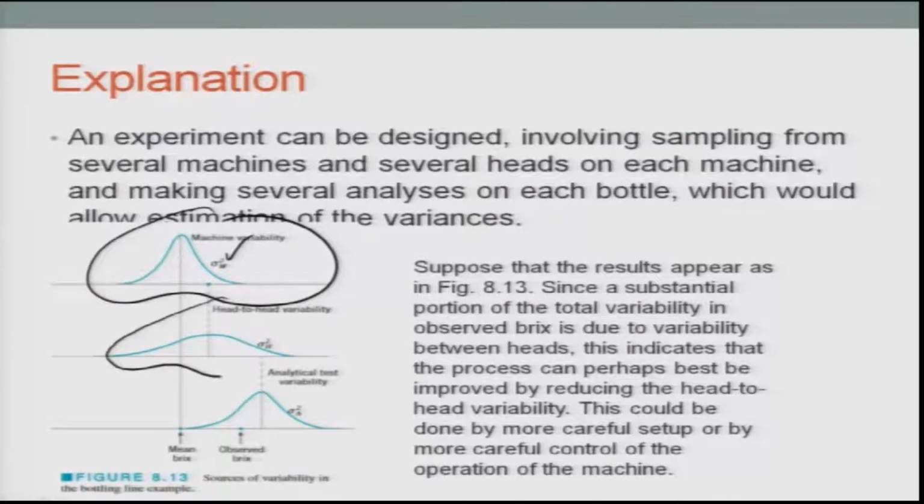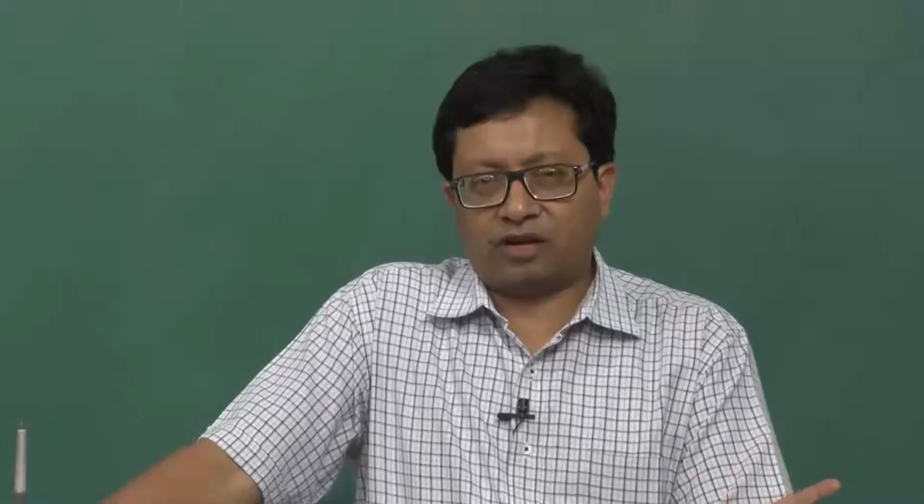In the second case you have the head to head variability, and this variance is given by sigma squared suffix h. The last one is the analytical test variability, considering the tests that are being performed, and this variance is given by sigma squared suffix a. As I mentioned, we add up the variances in finding out the total variability.